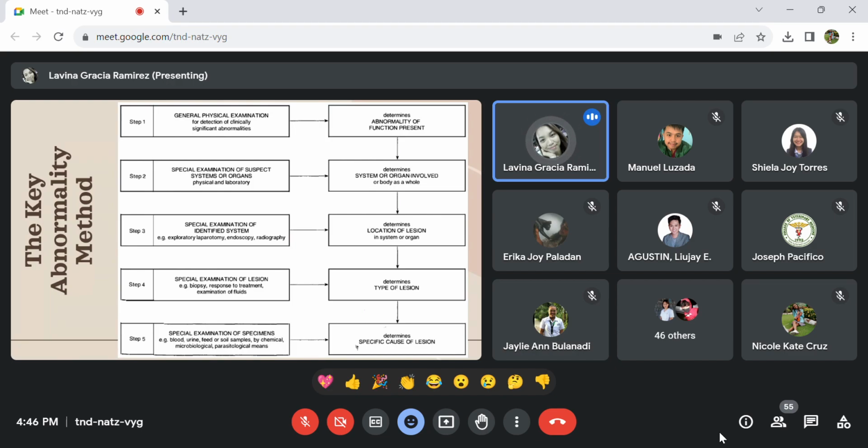And then afterwards, you do the in toto postmortem examination. But prior to handling everything, you do the display stage to see whether there are changes in the positioning or some of the fluids, etc. So these are systematic also. This is a systematic way in the key abnormality method of diagnosis, because you see the abnormalities.